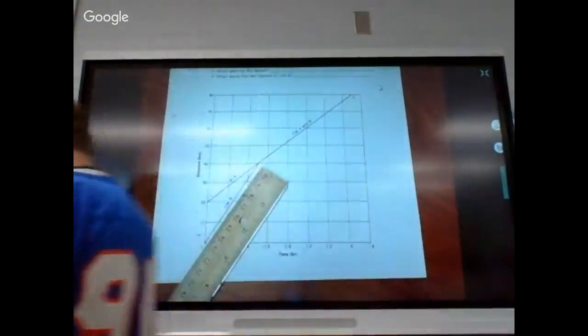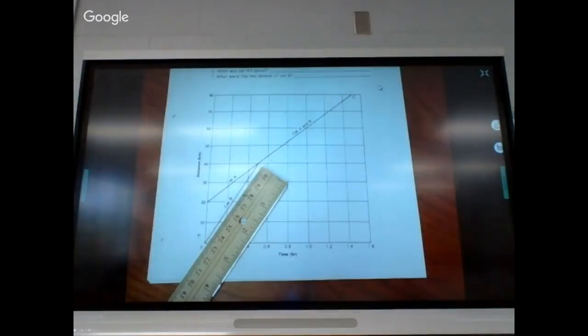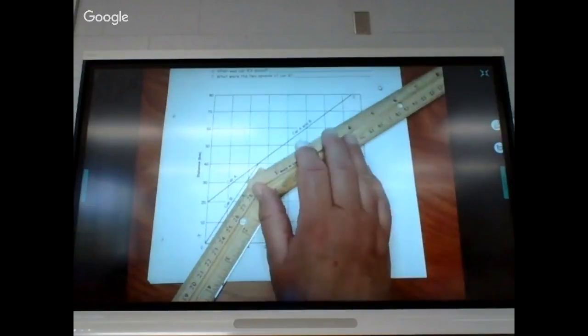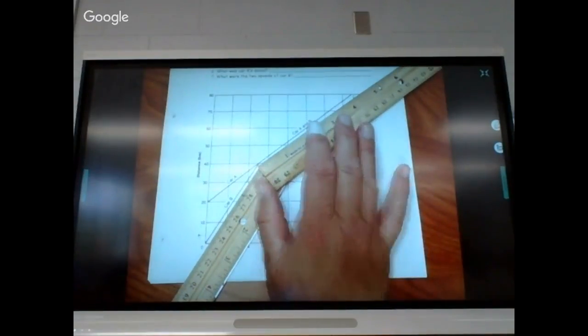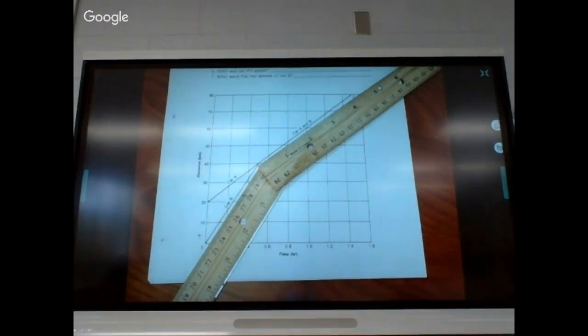Car B is there, and then car B is there. So is car B straight? No. Because car B is not straight, it is not at constant speed. Does that make sense? Now, some of you had a graph that wasn't all that straight, so you said it was average speed. That's just poor graphing skills.